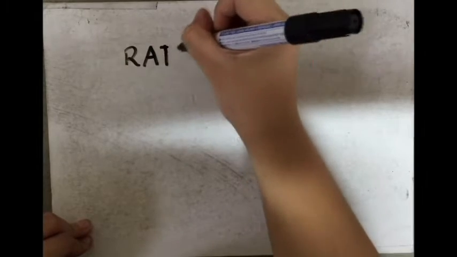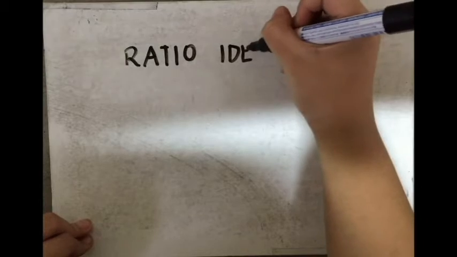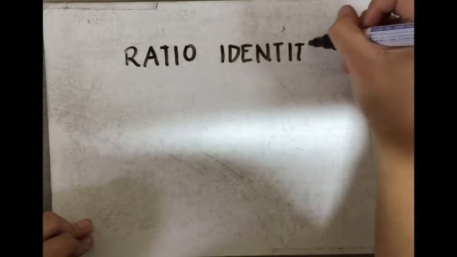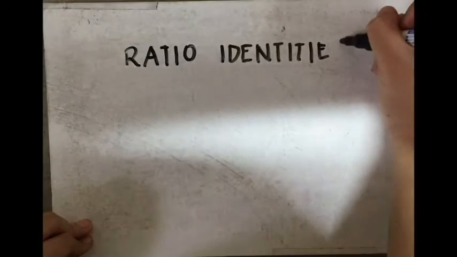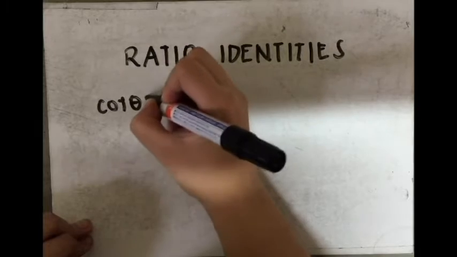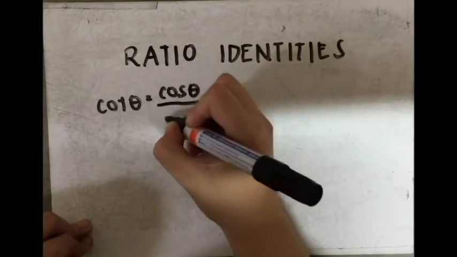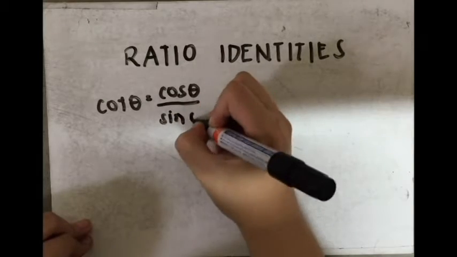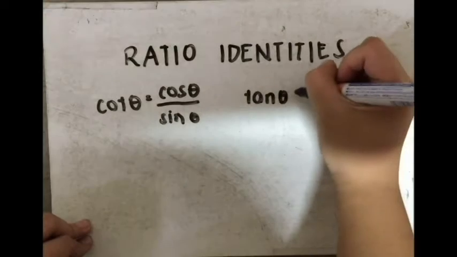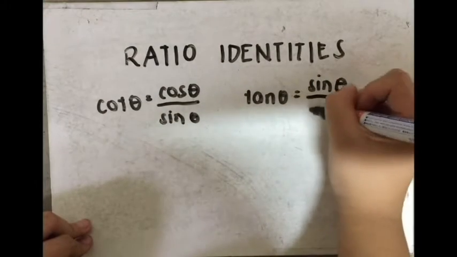For our first problem, we are going to use the ratio identities: cotangent theta equals cos theta over sin theta, and tangent theta equals sin theta over cos theta.